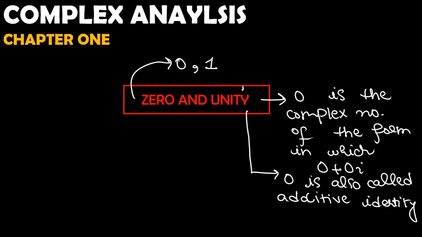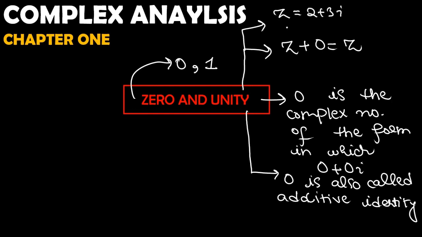How is it the additive identity? You can see that if I add 0 to any complex number, I get back that complex number. For example, if I have z is equal to 2 plus 3 iota, then if I add 0 to it, I will add the real part of 0 with the real part of this complex number, and the imaginary part of this complex number with 0.